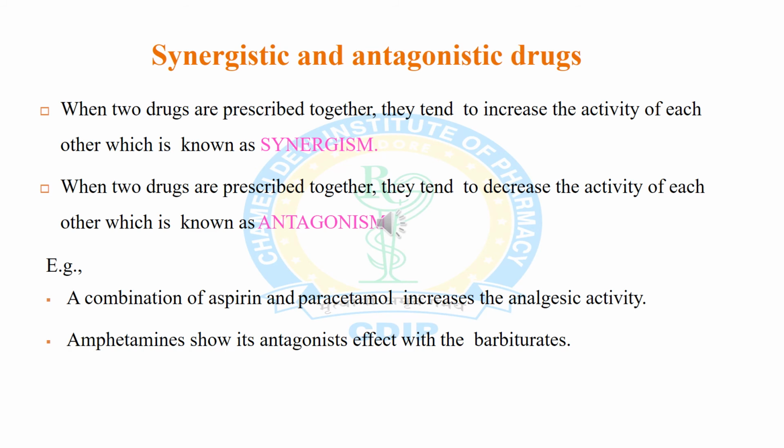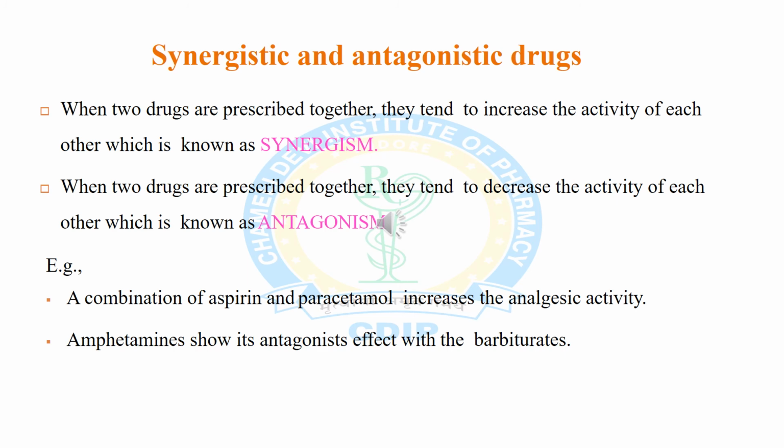An example of synergism is the combination of aspirin and paracetamol, which increases the analgesic activity, and amphetamine shows its antagonistic effect with barbiturates. In the first example, aspirin and paracetamol both have analgesic activity, and when prescribed together, the analgesic activity is more than the individual.